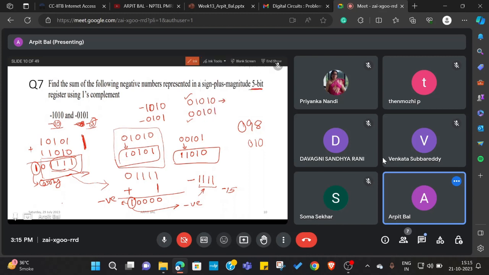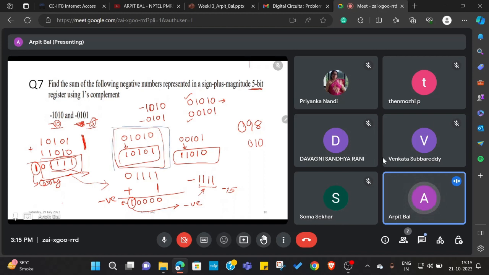So I just toggled all the bits here. Similarly, I toggled all the bits here as well. Okay, and after toggling all the bits, I simply add them up here.